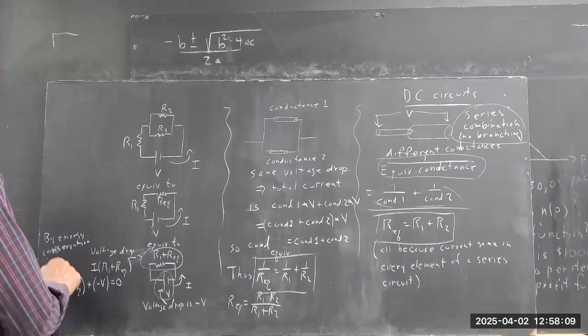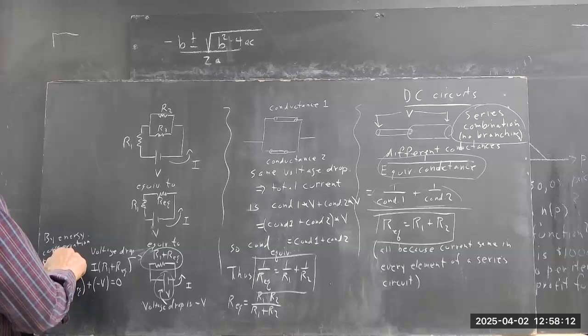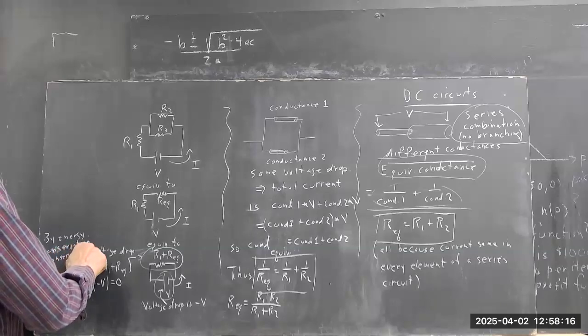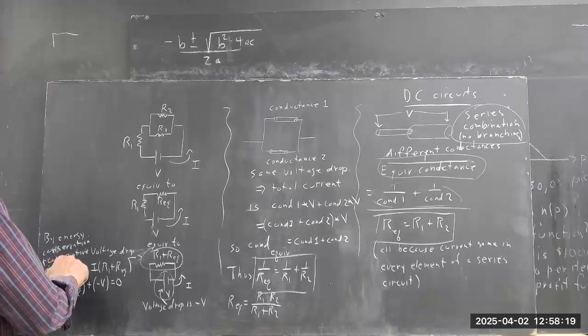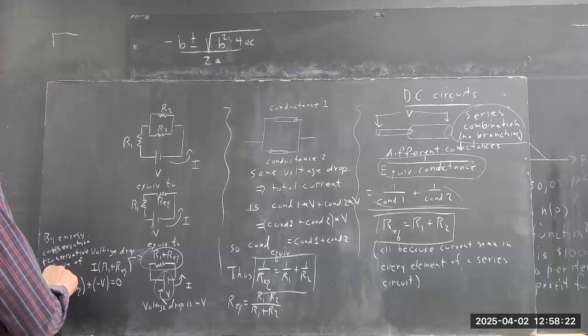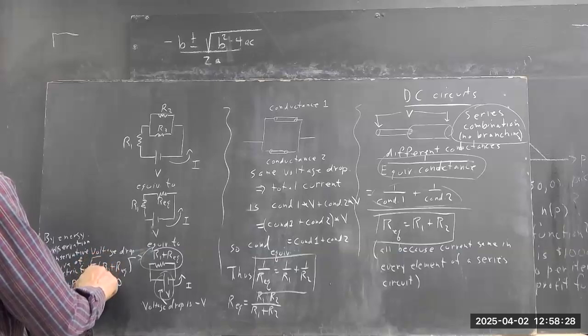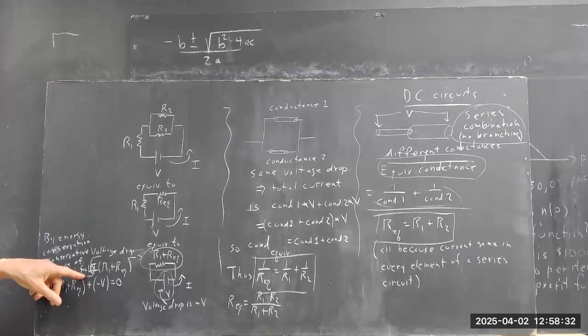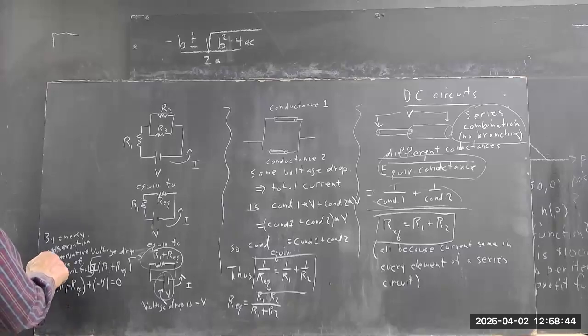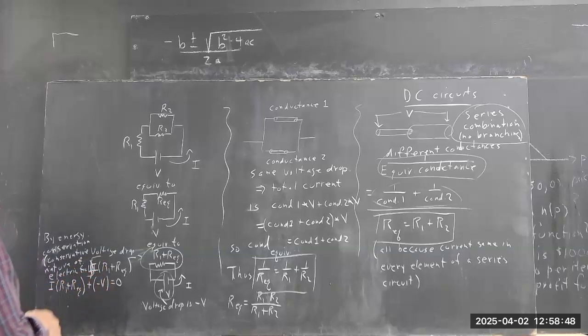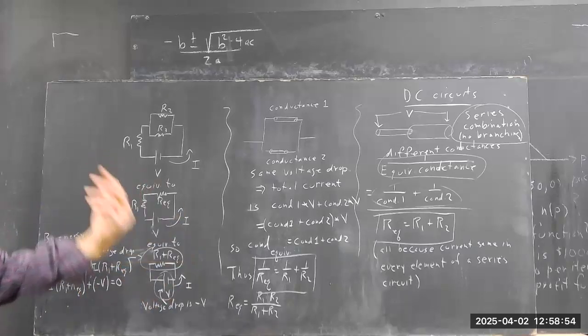Say by energy conservation. Leave myself enough room, so it's kind of obscuring this, and you can't read that last word, but it says by energy conservation, and I would say, and I'll put in parentheses, the conservative nature of the vector electric field, which is equivalent to the fact that energy is conserved in this electric field.